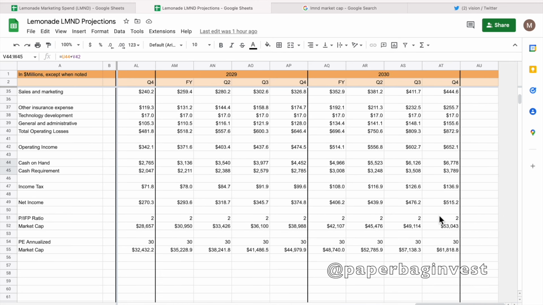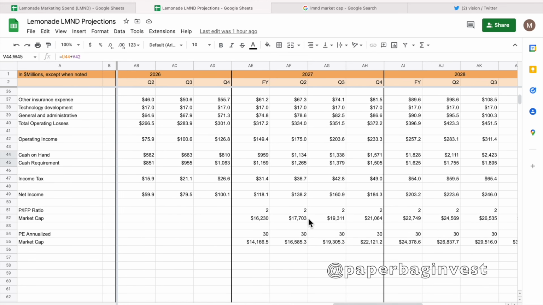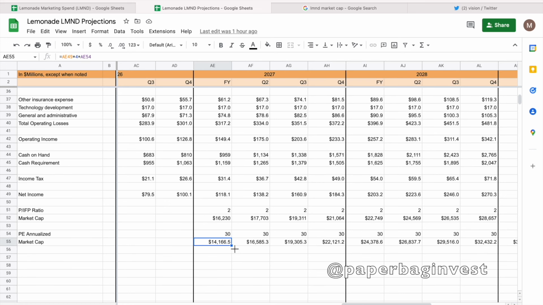Like if you looked at a 30 PE there, maybe by 2027 you're at a $14 billion market cap, and you might feel like even at that point in time, if you hadn't been investing in Lemonade or hadn't gone all in, but had only been slowly investing, you might think, oh man, did I miss the boat?